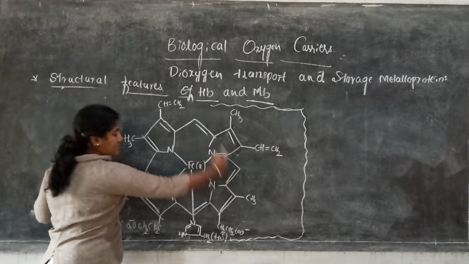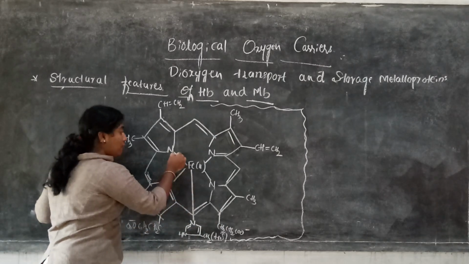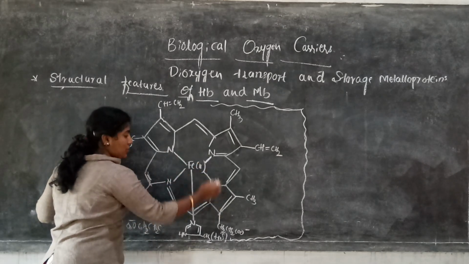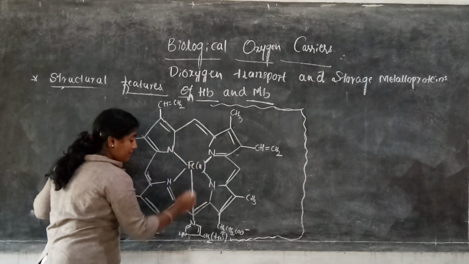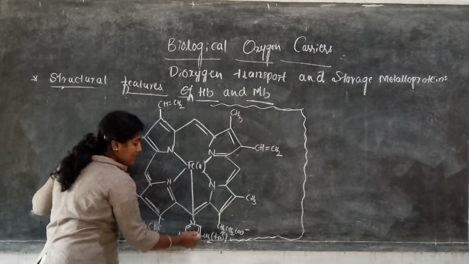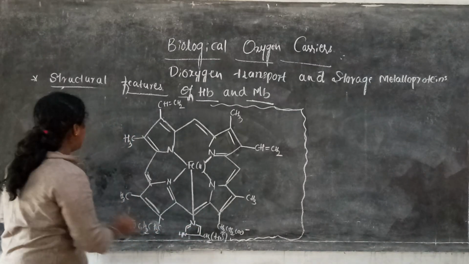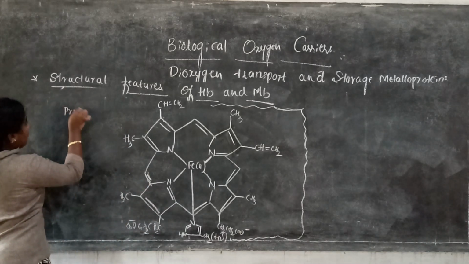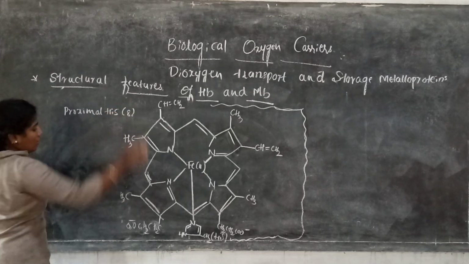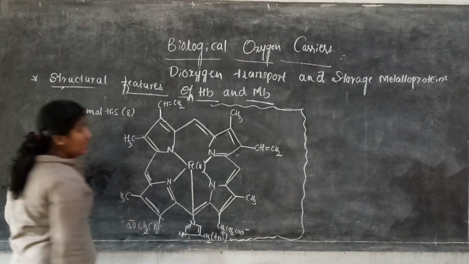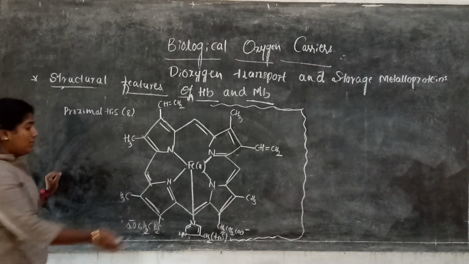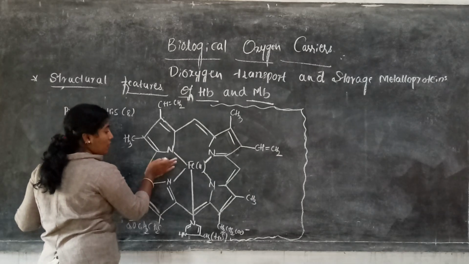Here the four sites of iron are coordinated to nitrogens of the porphyrin system, and the fifth site is coordinated to N-histidine, the proximal histidine. This is known as the proximal histidine 8 unit. Hemoglobin contains 4 of these units.